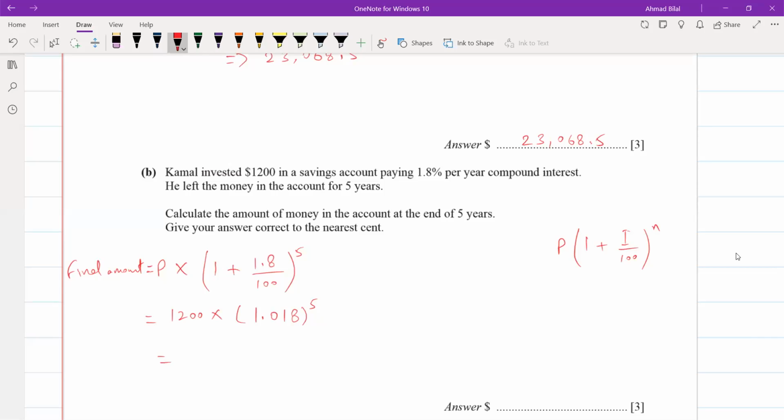That's 1200 multiplied by 1.018 raised to power 5, and that gives us 1311.96.